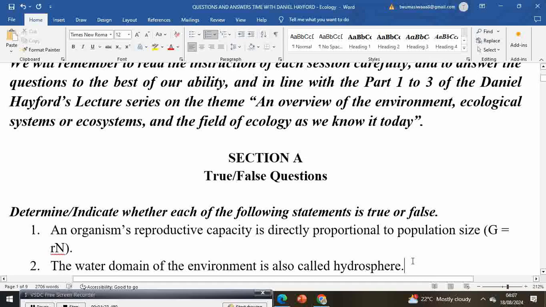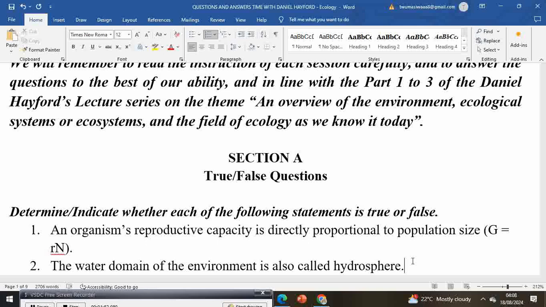Let's move on to Section A. It's about true or false questions. Remember, I have indicated earlier that one of the key things you should consider is to read the instruction carefully before you proceed to answer the question.